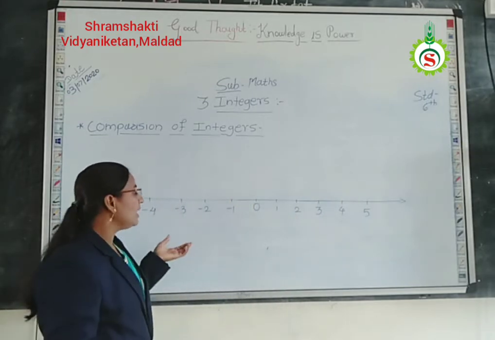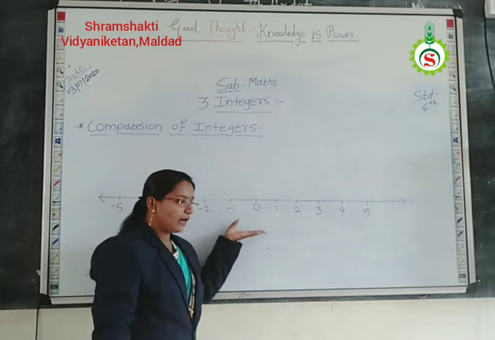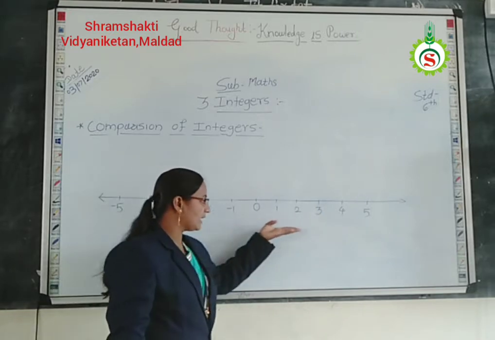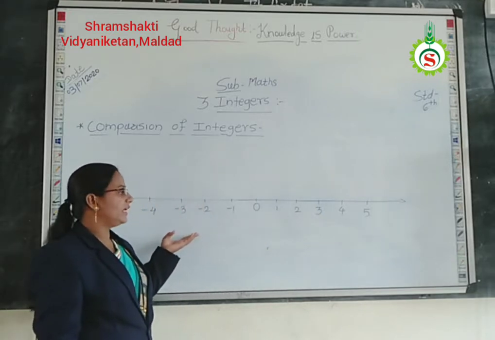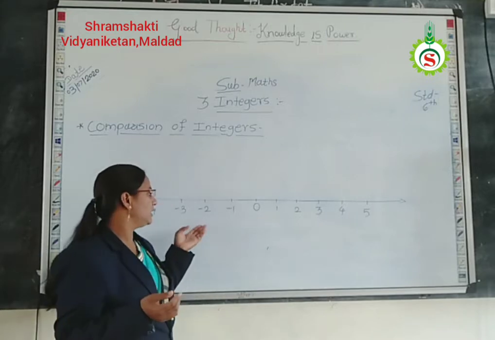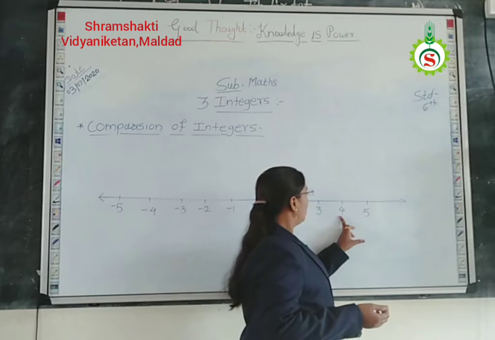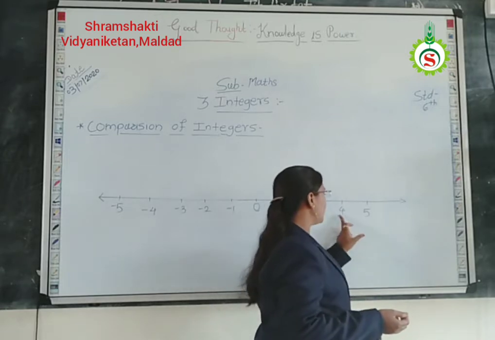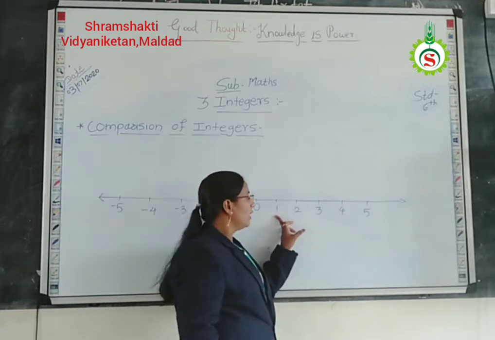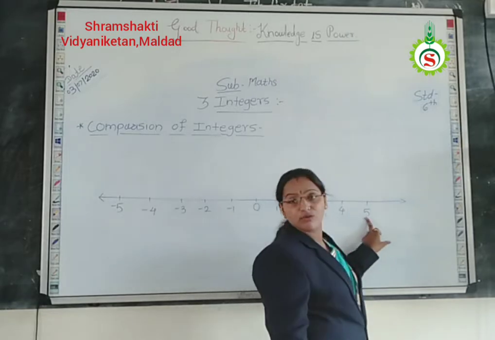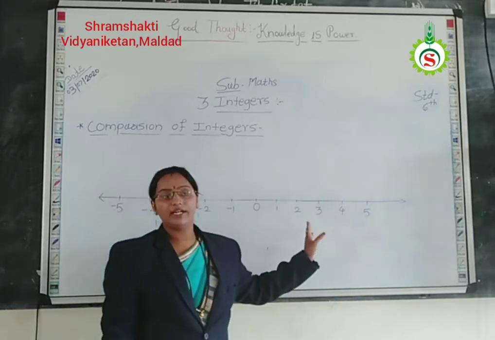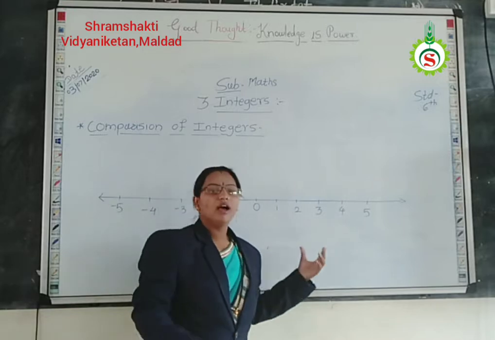And similarly, when we go from left to right, the value of integer goes on increasing. Means 1 is smaller than 4, means 4 is greater than 1. Like this, the value of integer goes on increasing.